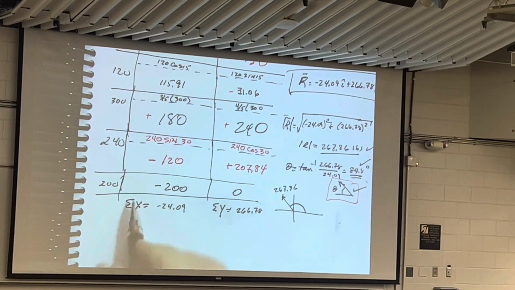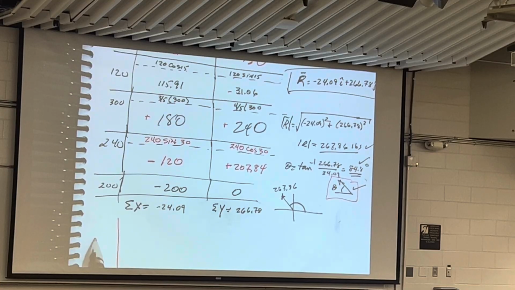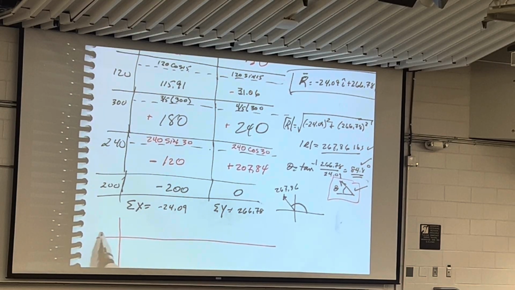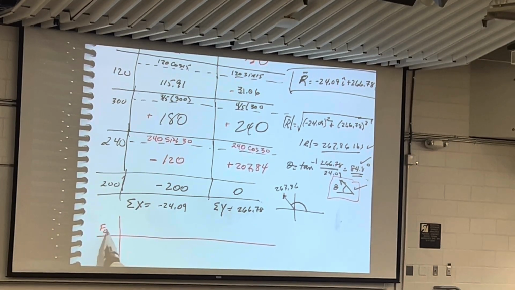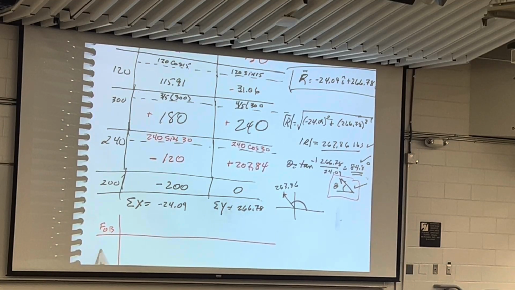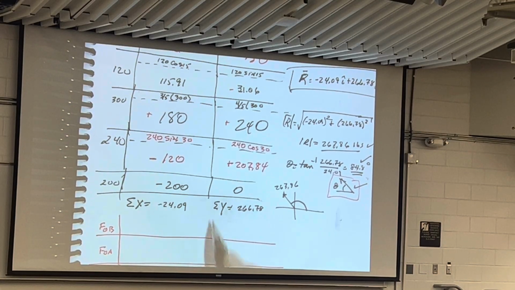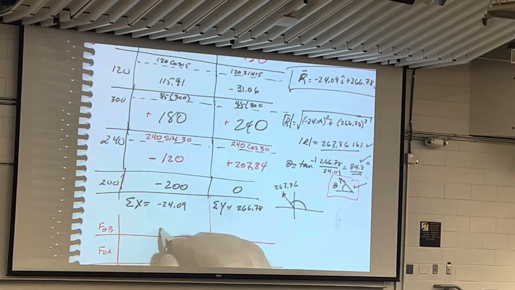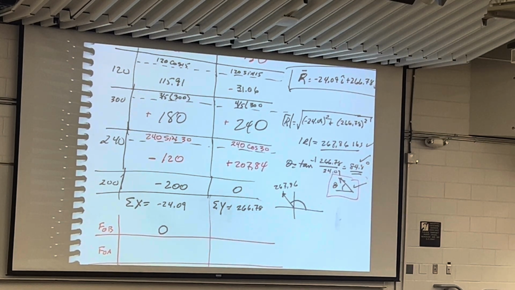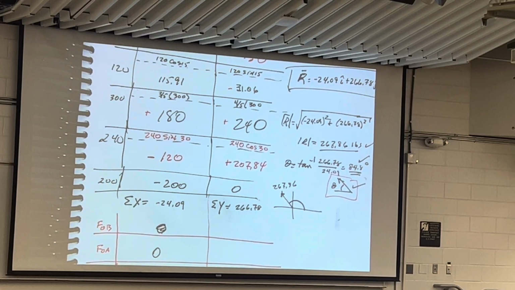So what I want to do is add to this an FOB and an FOA. And then I'm going to sum the x's here, and I'm going to sum the y's again. FOA, there is no x. It's only in the y.